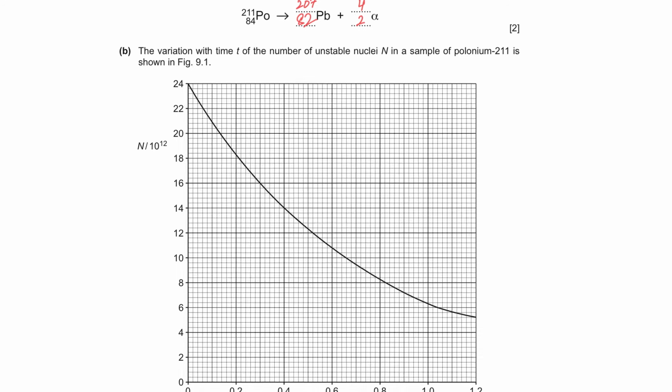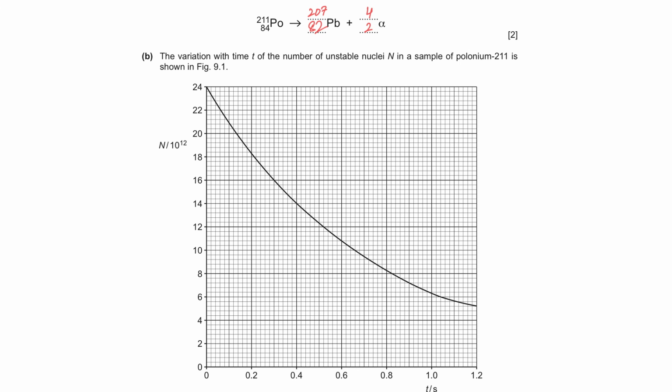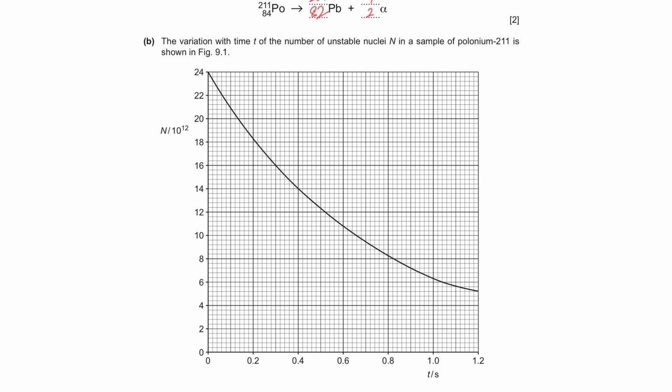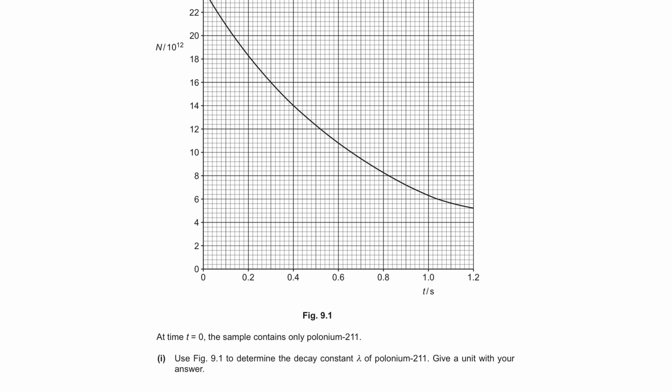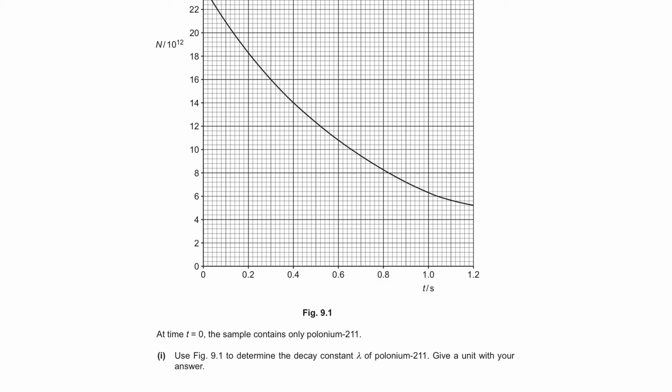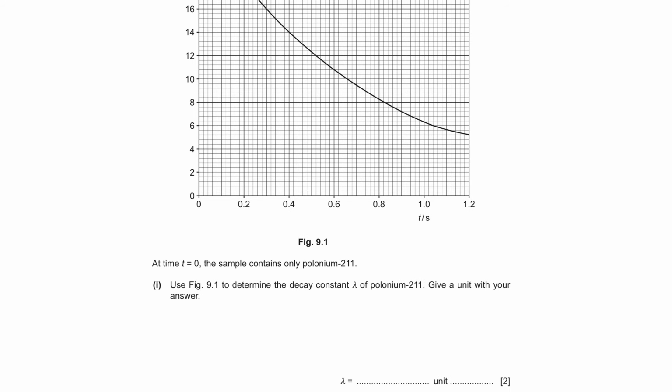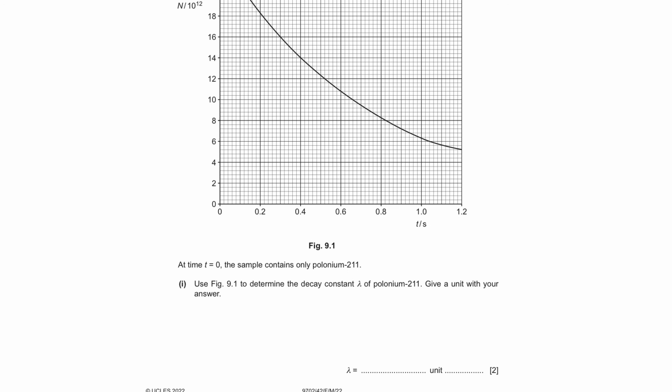Part B says, the variation with time t of the number of unstable nuclei n in a sample of polonium is shown in figure 9.1. At time t is equal to 0, the sample contains only polonium-211. Use figure 9.1 to determine the decay constant lambda of polonium-211. Give a unit with your answer.